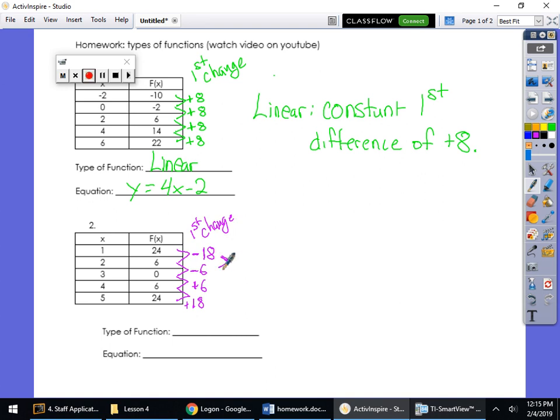Now we look at how we go from -18 to -6, add by 12, -6 to 6, we add by 12, and 6 to 18, we add by 12. This is our second change, and what we notice is that each one is +12. So these are all the same for the second change. So we know that this is going to be our quadratic.